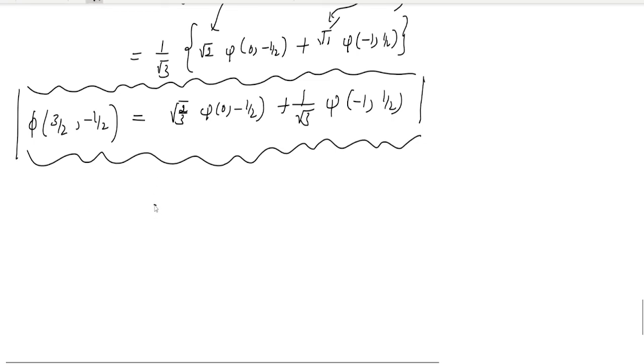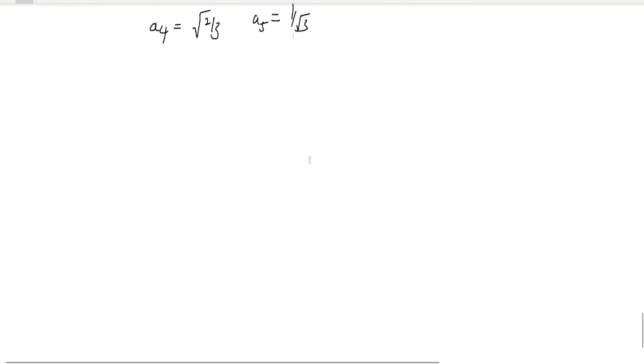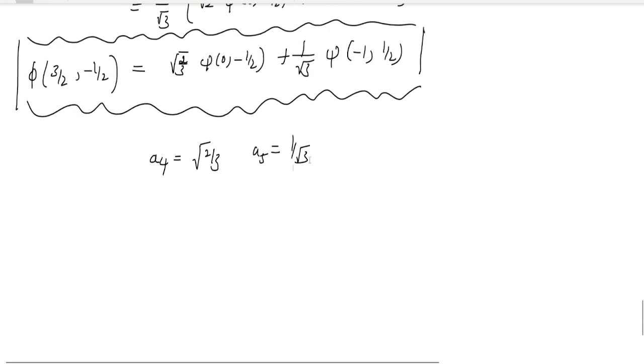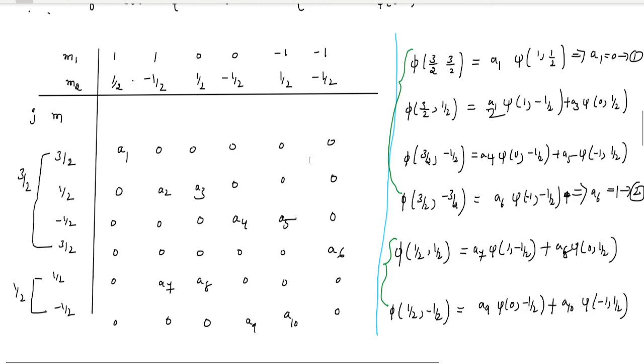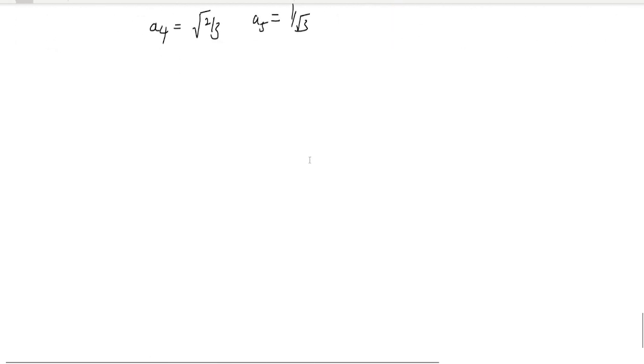So therefore A4 equal to root 2 divided by 3, A5 equal to 1 divided by root 3. So this is how we get. The remaining thing we can get easily. So up to A5 we got, A6 equal to 1. Then we want A7, A8, A9, A10. 4 coefficients we need. Okay, let's find.